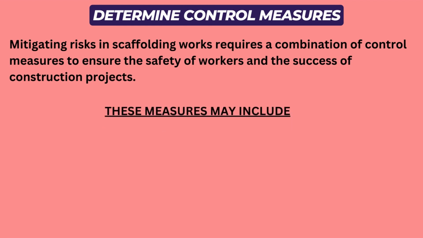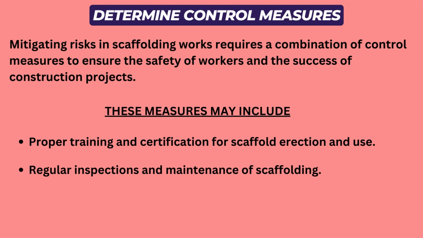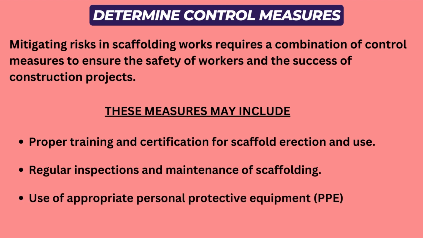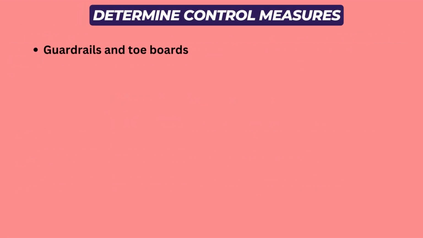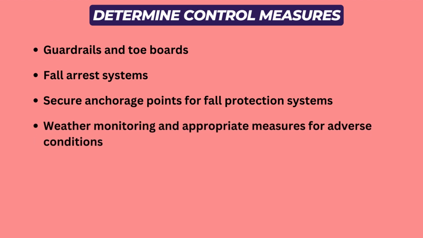These measures may include proper training and certification for scaffold erection and use, regular inspection and maintenance of scaffolding, use of appropriate personal protective equipment, guardrails and toe boards, fall arrest systems, secure anchorage points for fall protection systems, weather monitoring and appropriate measures for adverse conditions. Then finally, safe access and egress.